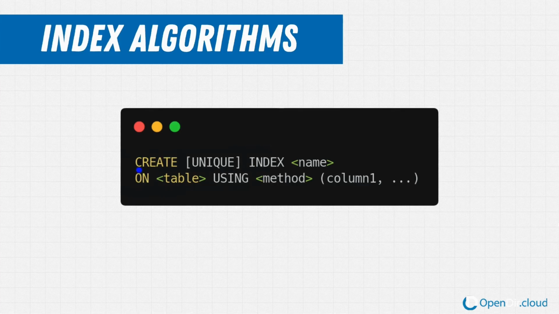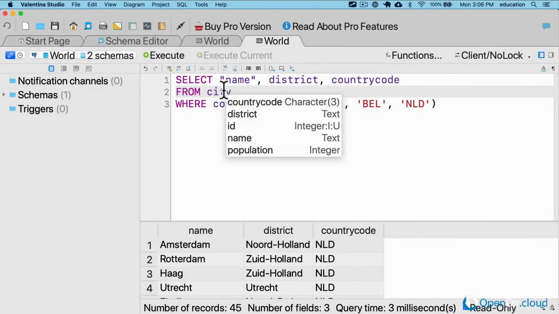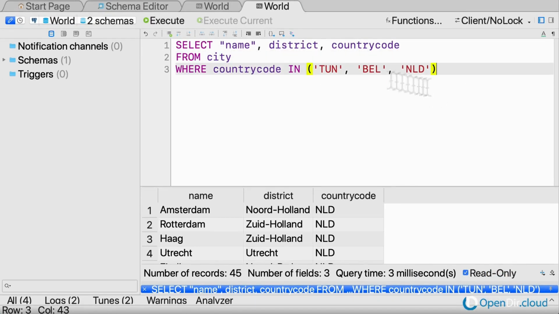Extending on that, when we look at the create index syntax and we have this optional unique keyword, when we apply a name and we say do it on this table, we can specify, hey, do it using this specific algorithm or method, and then apply it to these columns. So let's look at how that would look. So here we are back in Valentina Studio. We had this query where we were trying to optimize against the lookup in specific country codes.